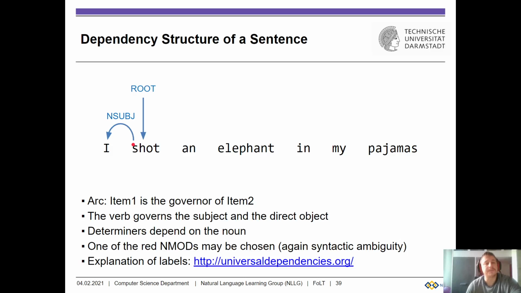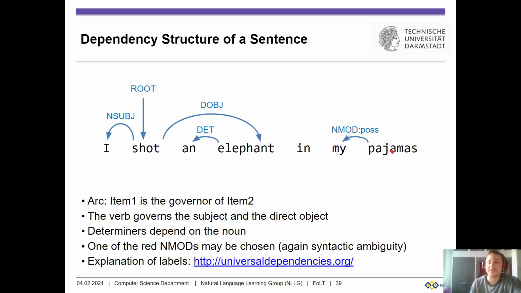Then this verb has its dependent, namely I. So this is the subject of the sentence. And we have further dependency relationships. For example, that elephant is governing the determiner. That shot is governing the elephant, because elephant is the object of the verb, so I shot the elephant.